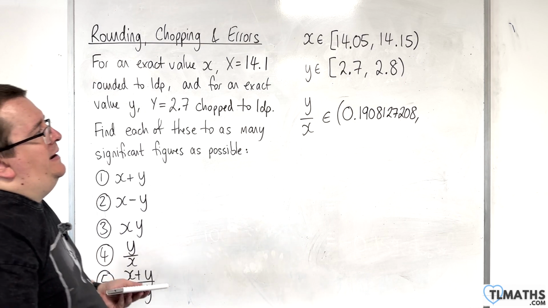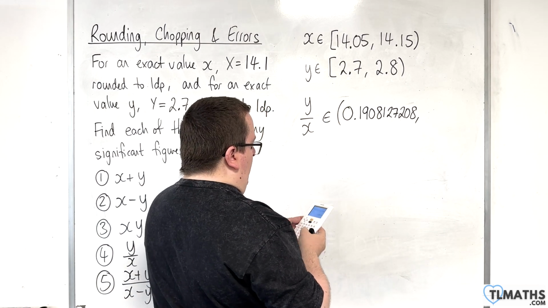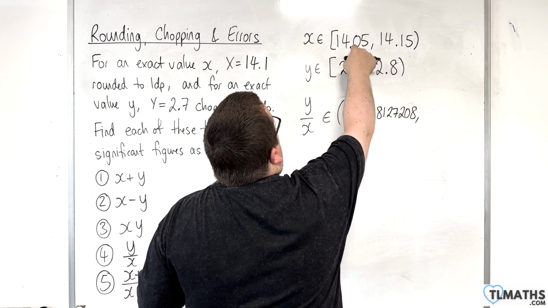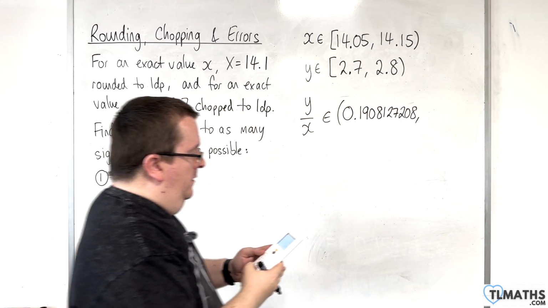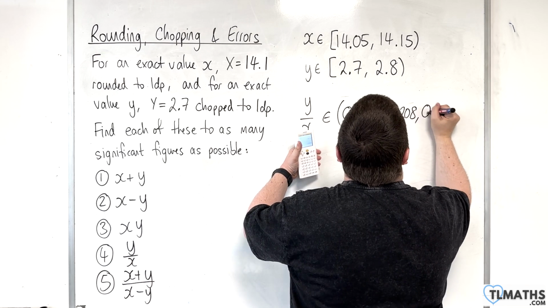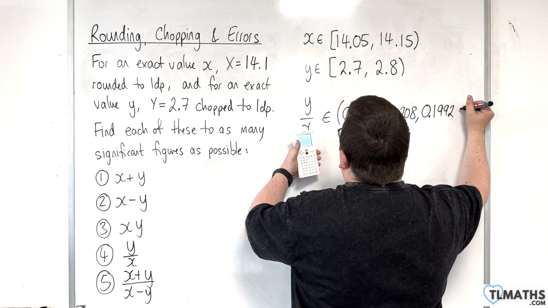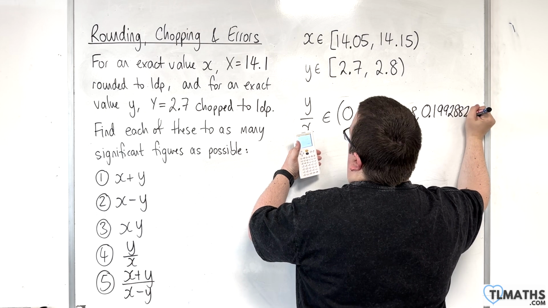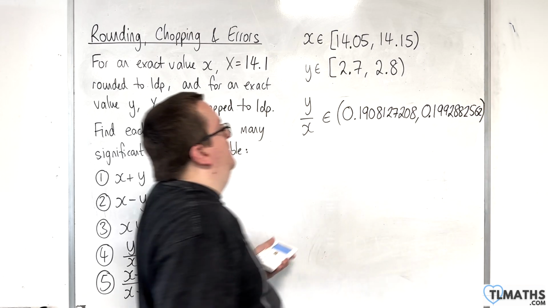And the largest value will come from y being as large as possible, so 2.8, and dividing it by as small a number as possible, so 14.05. And that gets us 0.1992882562. Just about get on the board.